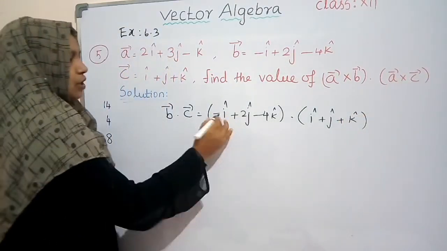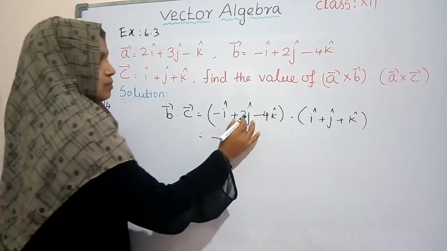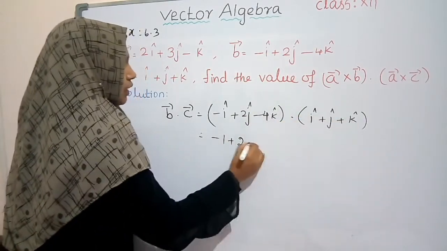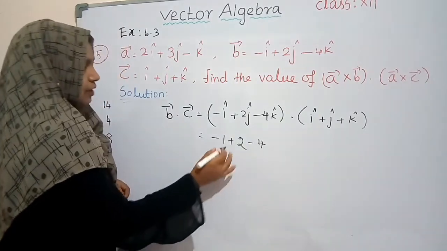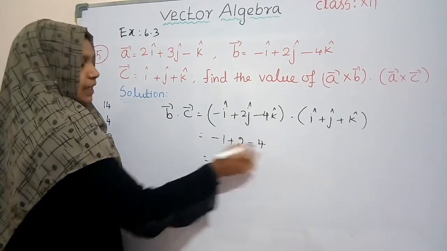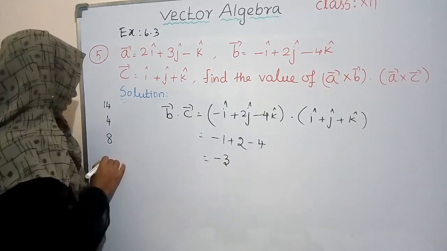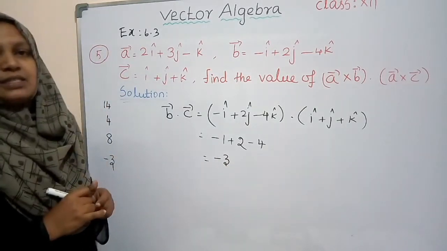Just find the value. Minus 1 into 1, minus 1, plus 2 into 1, 2, minus 4 into 1, minus 4. So we are getting the answer as minus 5 plus 2, which is minus 3. So we got the last value as minus 3.